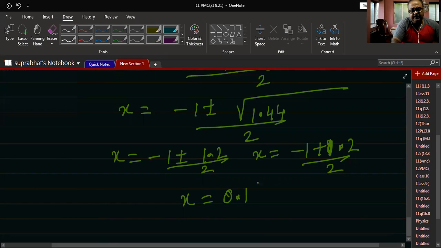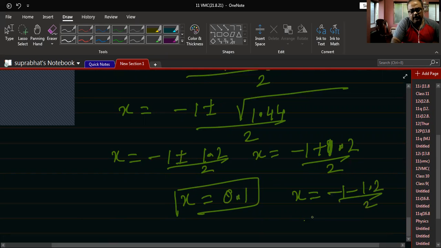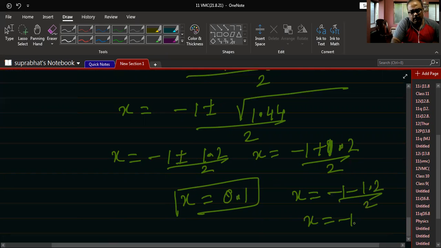If you take the negative sign, x equals minus 1 minus 1.2 by 2, that is minus 1.1, which is not possible. So we will take only this value.